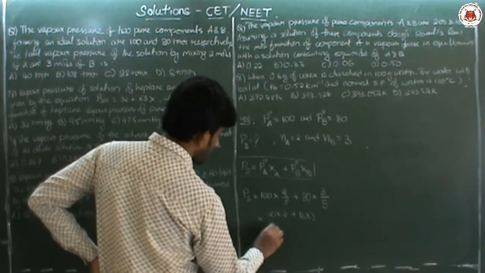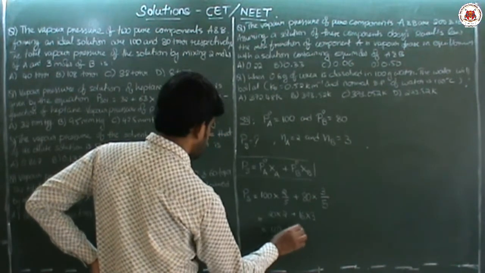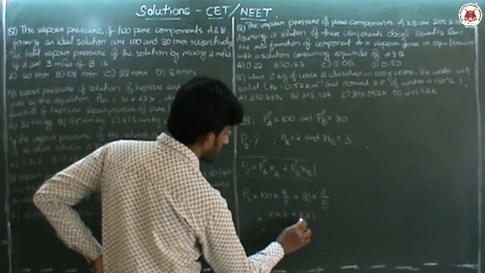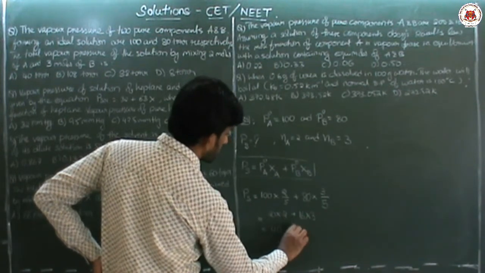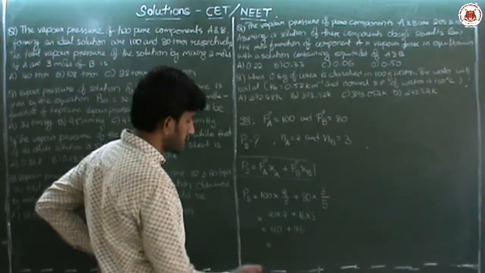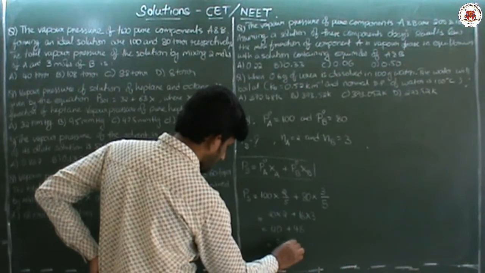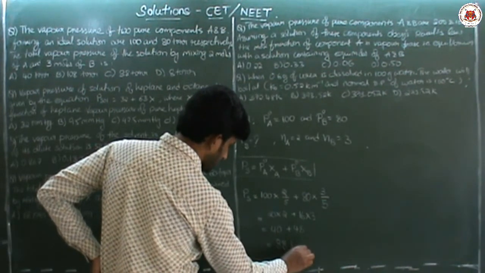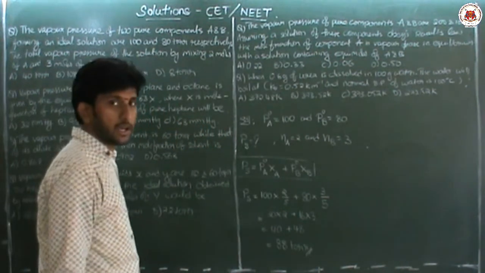So this is 20 into 2, 40, plus 16 into 3, 48. The pressure of the solution is 40 plus 48. That means 88. So 88 torrs should be the answer.